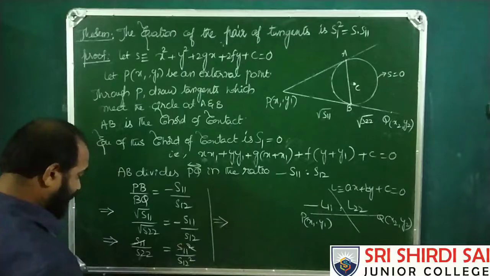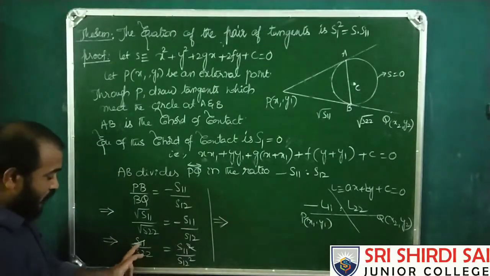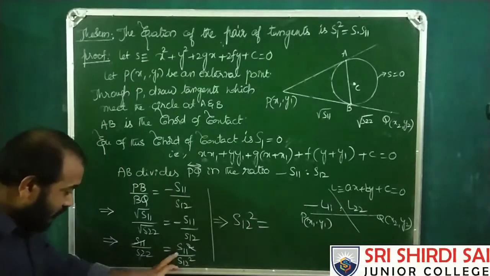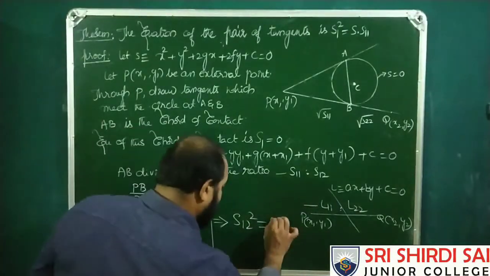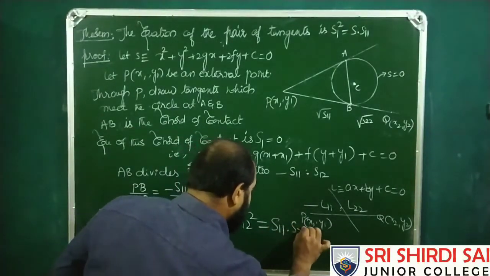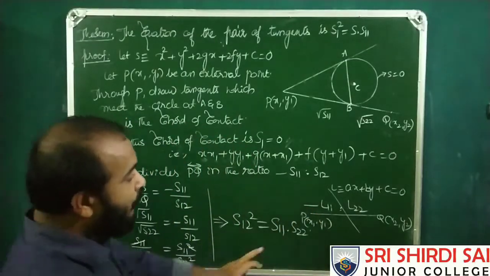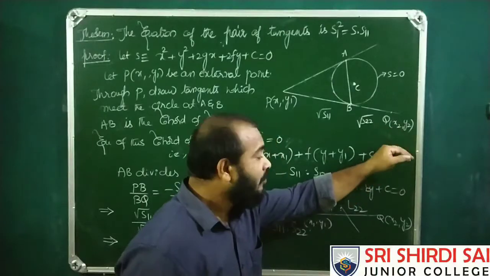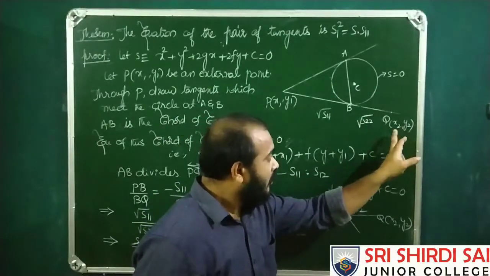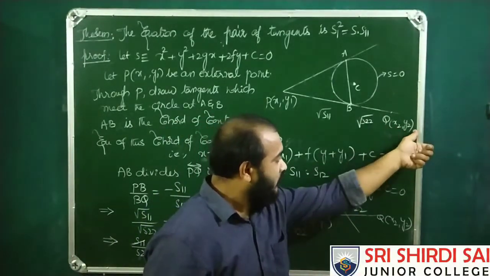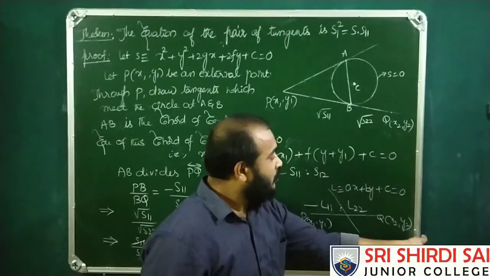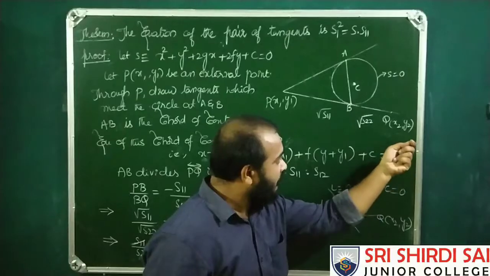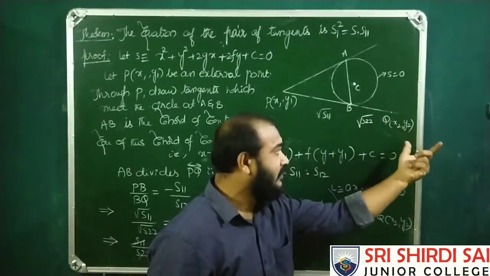That implies S12 square into 1, S12 square is equal to S11 into S22. Therefore, this is the locus of Q(x2, y2). See, in first year, for the locus of P, for example y1 square equals 4x1, we used to get the locus of P(x1, y1) by simply replacing x1, y1 by x and y. That was the answer.